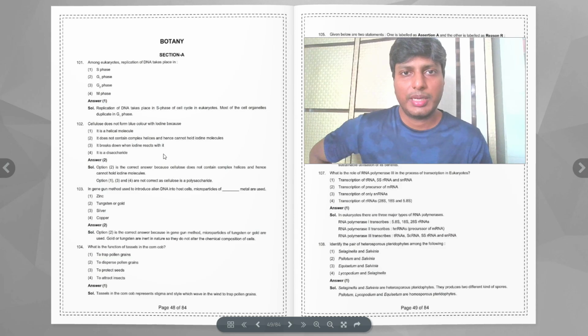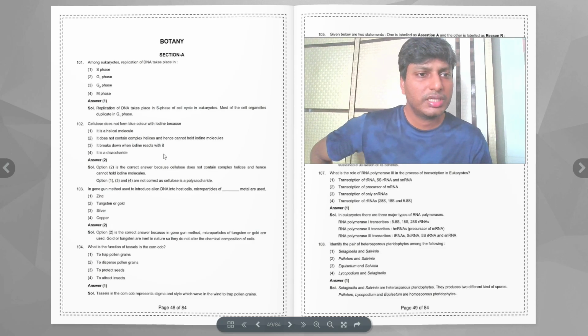In the chapter photosynthesis in higher plants, there are experiments to prove that light is essential for photosynthesis, or CO2 is essential for photosynthesis. In these experiments the presence of starch is confirmed.